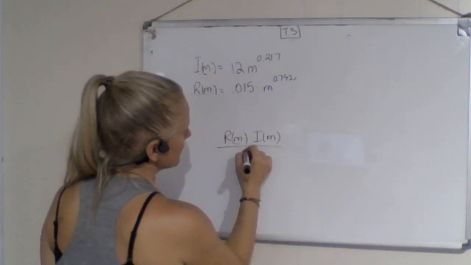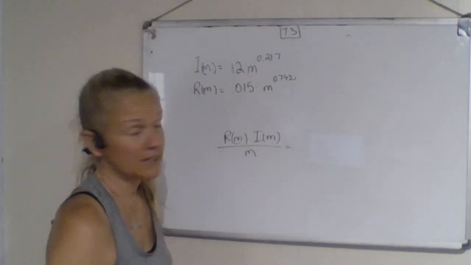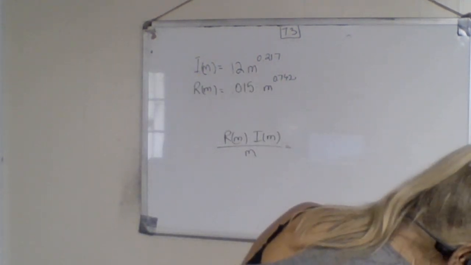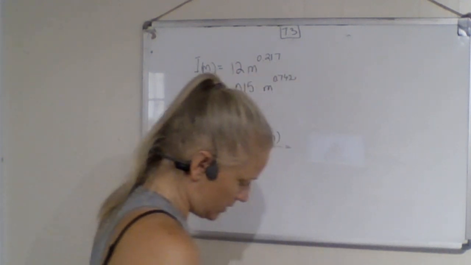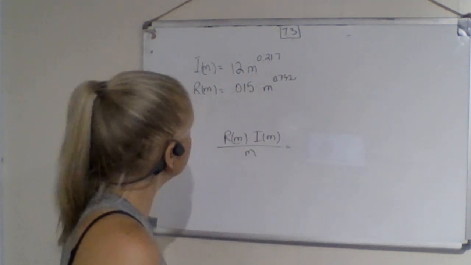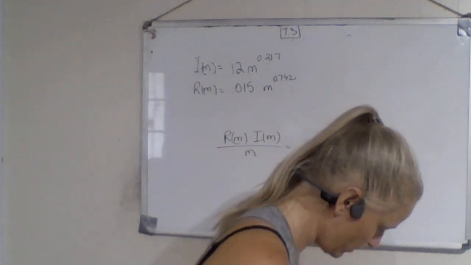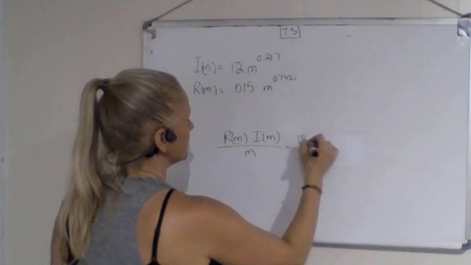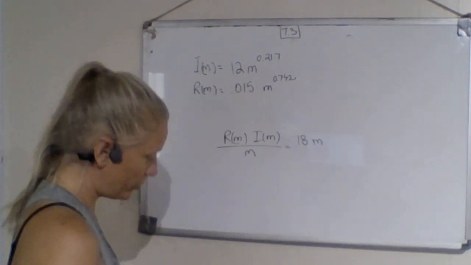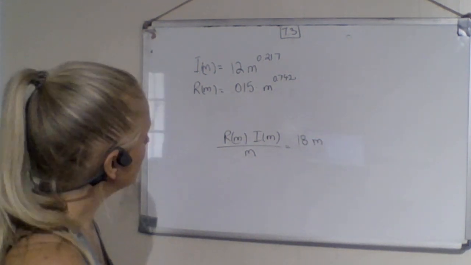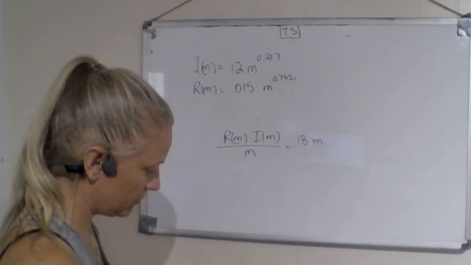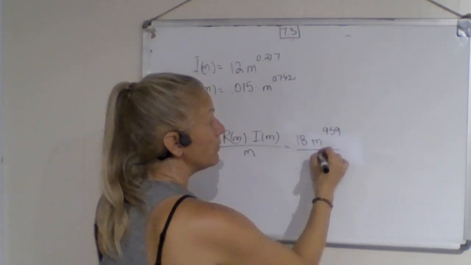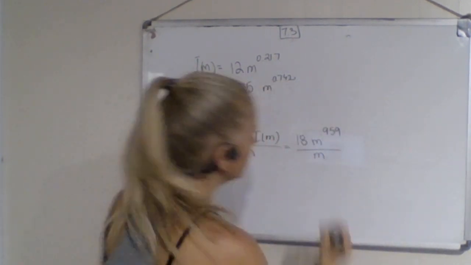all over M. Here's the great news: you don't have anything like that in your homework. So I get to multiply the two of them, numbers with numbers. 0.015 times 12 gives me 0.18. M to the 0.217 plus 0.742, which is 0.959, all over M. And if you remember, this is the first power.